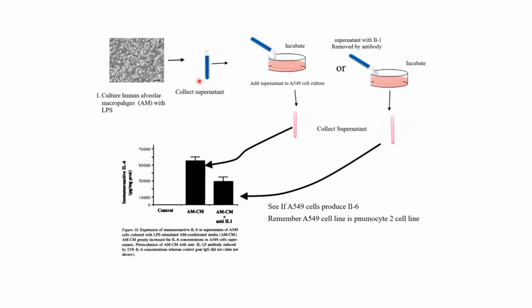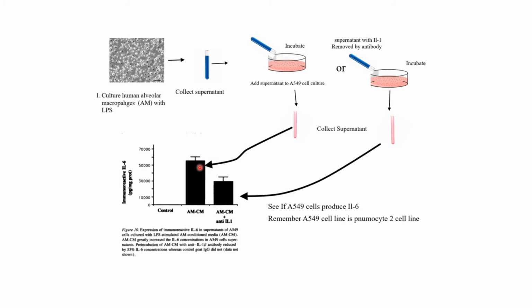This is an important experiment. Culture human alveolar macrophages with LPS, lipopolysaccharide. Collect supernatant. Then you grow those A549 cell lines, remember, human lung epithelial type 2 pneumocytes, in a petri dish and you give them the collected supernatant from this culture.